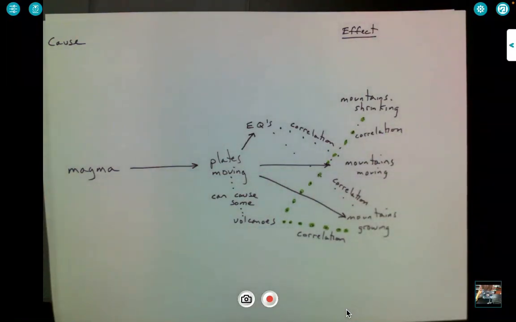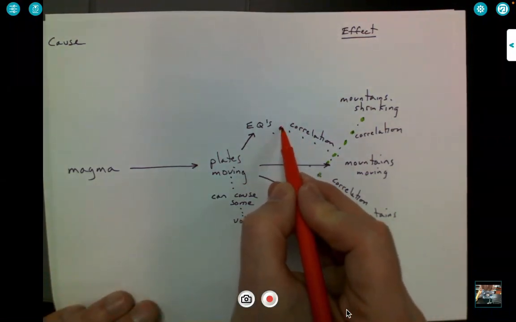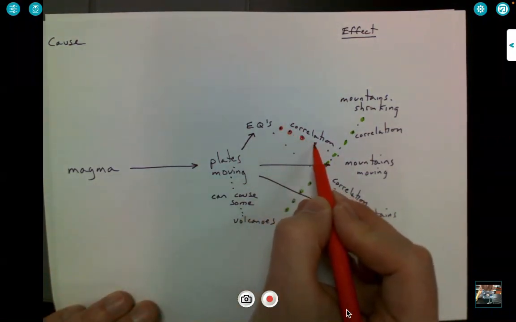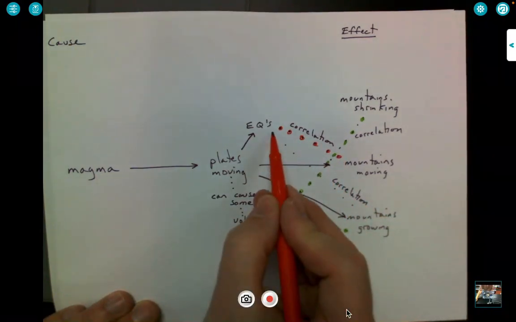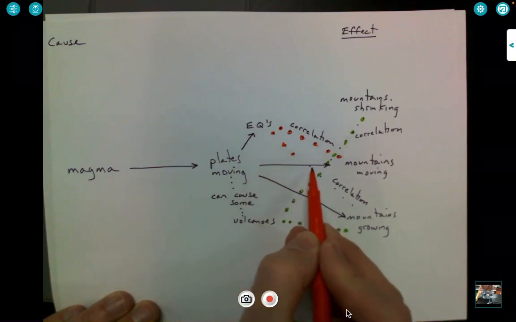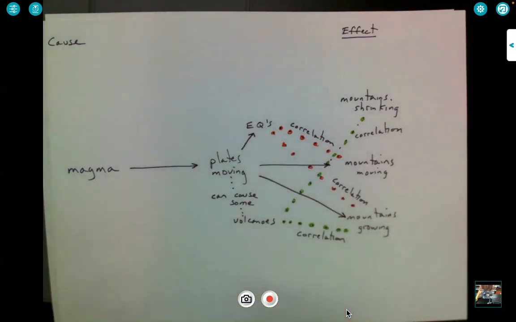Okay, so you can see where those are going, and then we will do a blue. No, I'm not going to do a blue. Blue's going to be kind of hard to see. We'll do a red. So we'll do red for the earthquakes. Okay, so you got those there, and then this one going down here. So those are the correlations. The dotted ones are correlations, the arrows are causation. So we know those are happening because of the thing here.